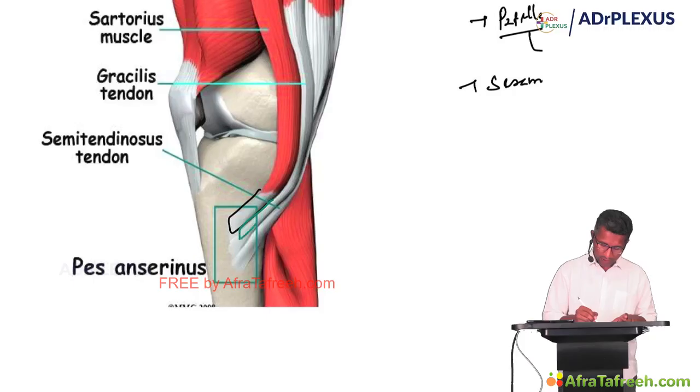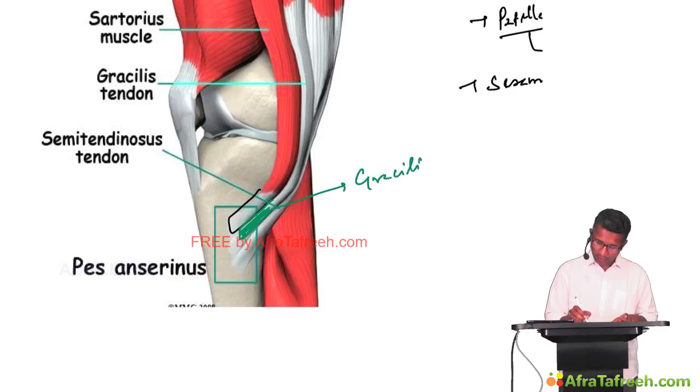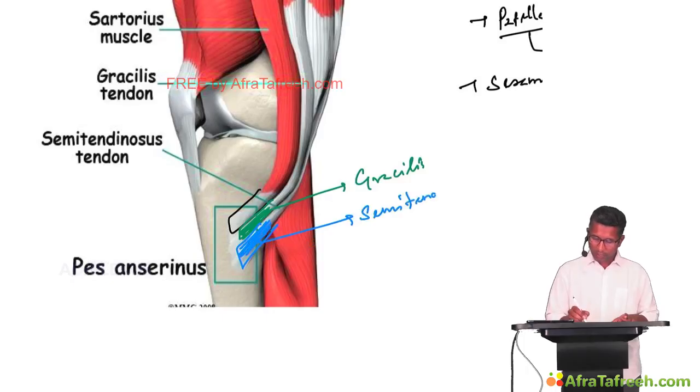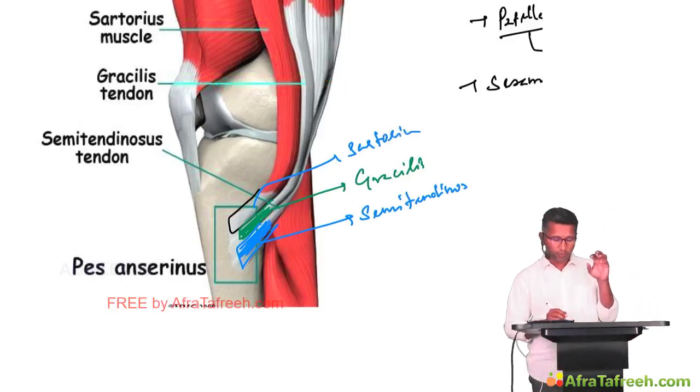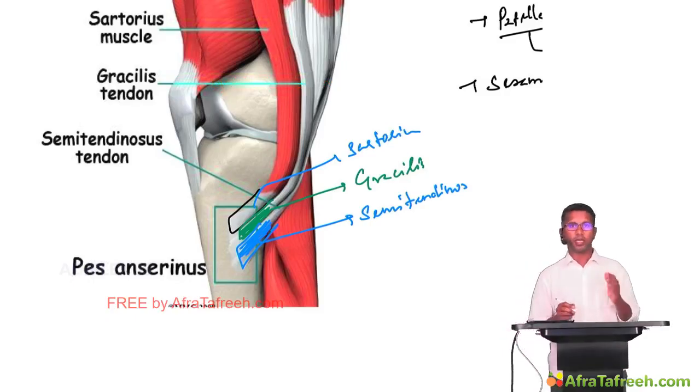The tendon getting inserted behind the sartorius is called the gracilis tendon, and the tendon getting inserted behind the gracilis is called the semitendinosus tendon. So sartorius, gracilis and semitendinosus all get attached at one common point, on the proximal tibia on the medial side.